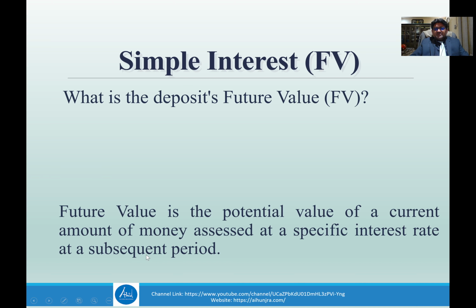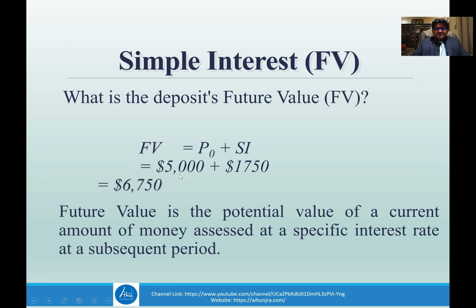So what is the deposit's future value? That is the principal plus simple interest. The principal amount is 5,000 plus the simple interest amount of $1,750. The total future value is 6,750.